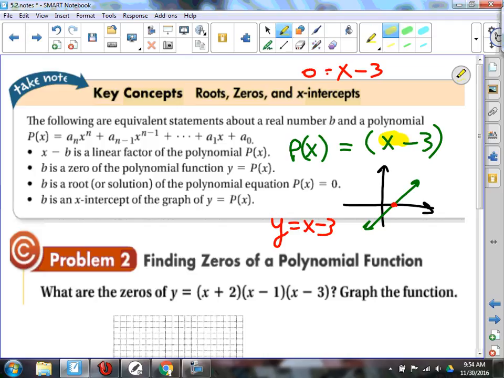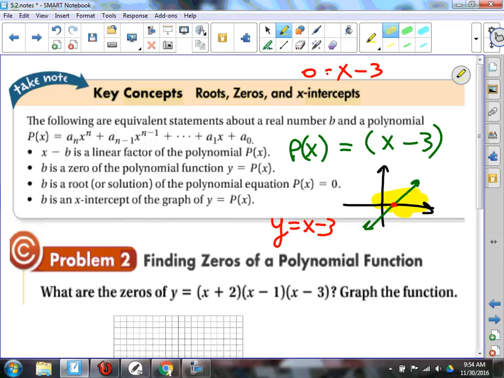It's x minus 3, and it ends up being positive 3 for the x-intercept, for the solution, for the root.